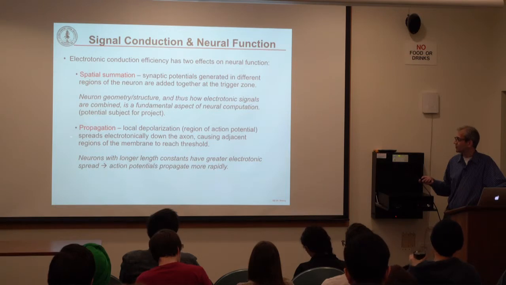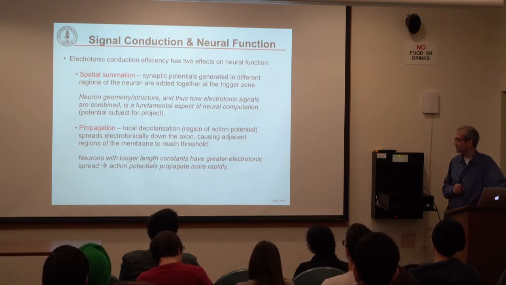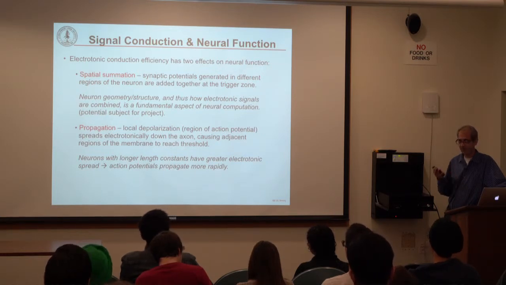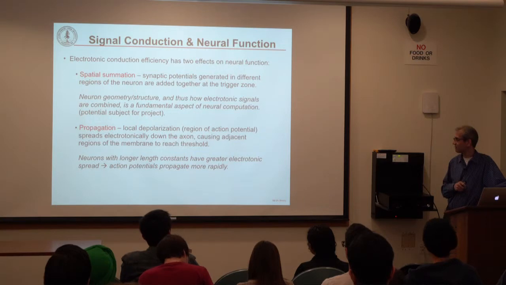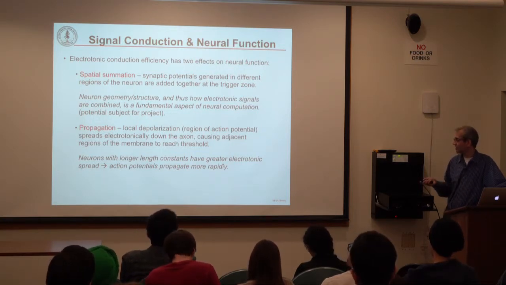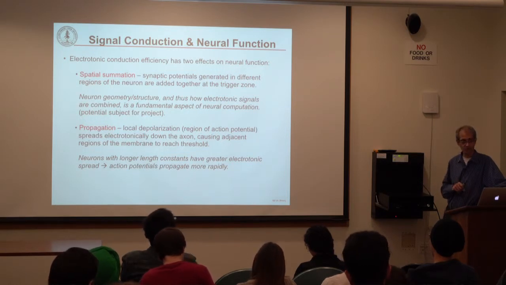So local depolarization spreads electrotonically down the axon, causing adjacent regions of the membrane to reach threshold. Okay, we'll go into this in more detail, but again, we're foreshadowing the action potential. And neurons with longer length constants have greater spread, and therefore they propagate more quickly.